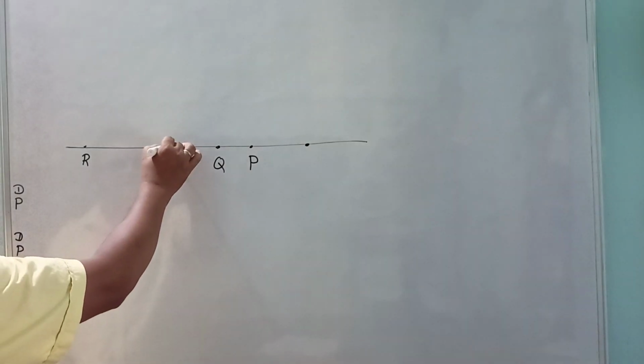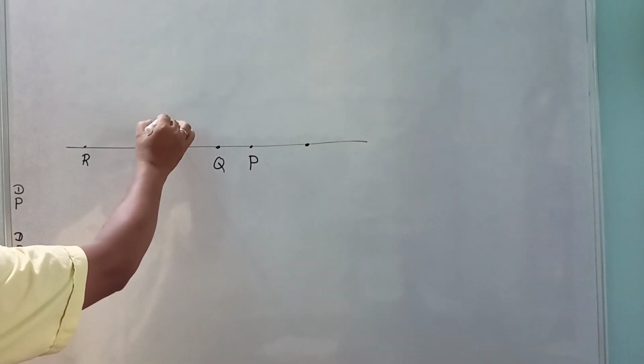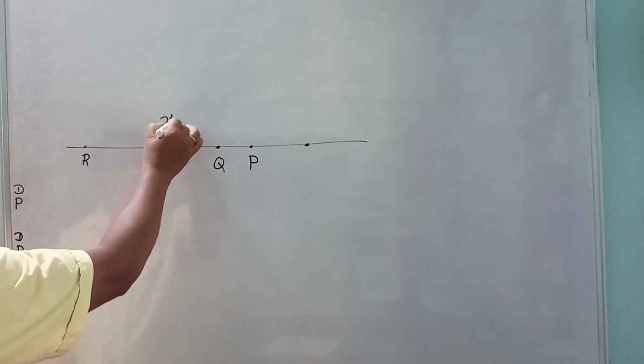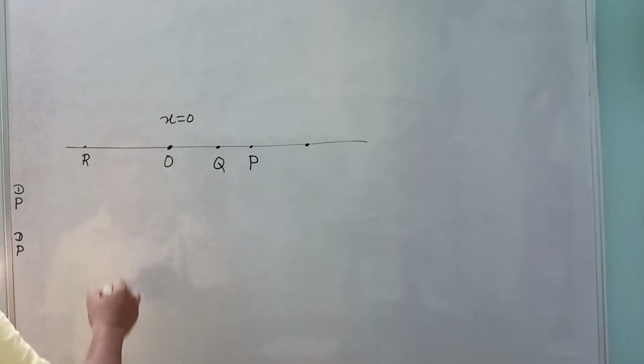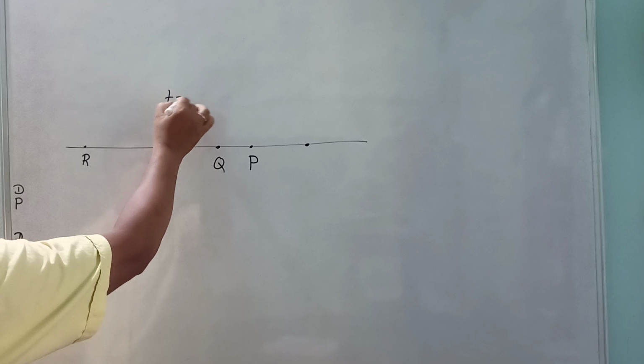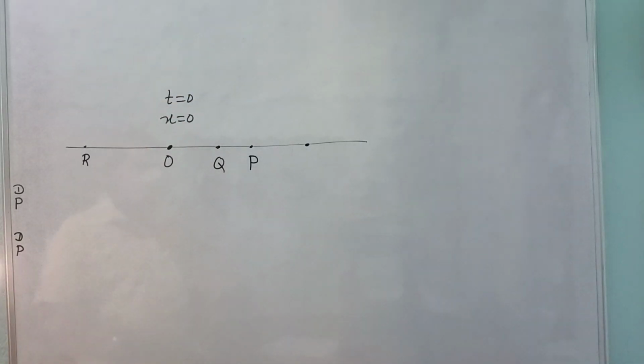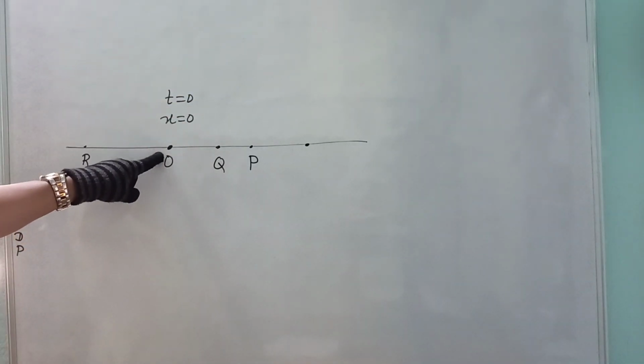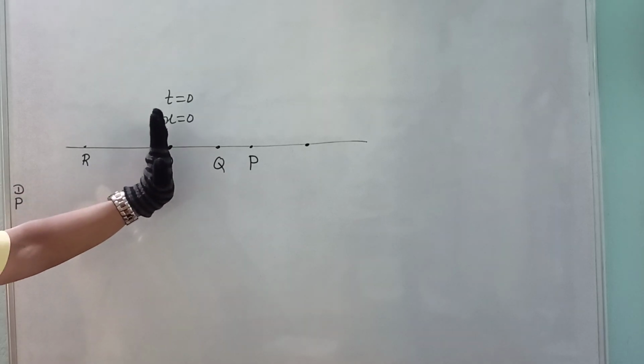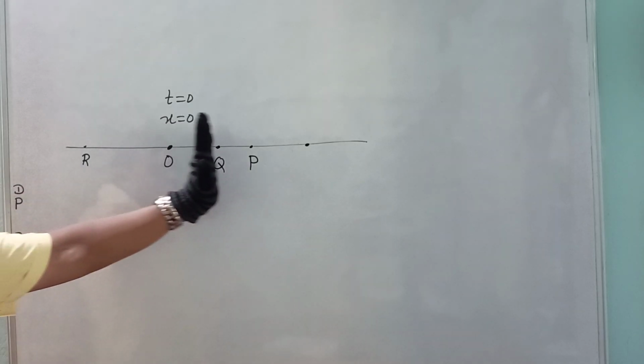Suppose this is the origin, means at this point x is equal to 0 and you take t is equal to 0. That means the motion of the car or the motion of the object starts from this position and it moves like that.